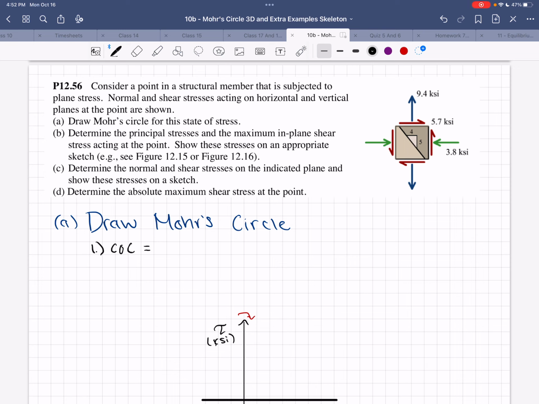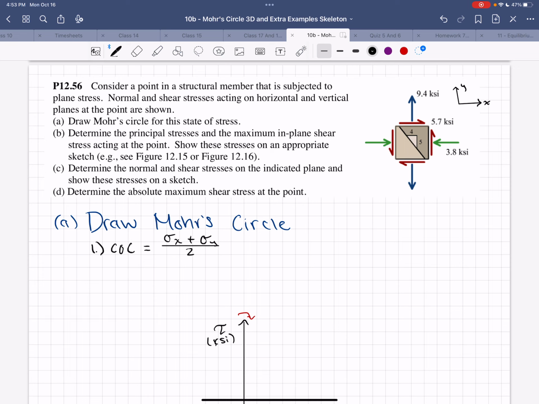The center of the circle is the stress acting in the x direction, so we better label this x and this y, plus the stress acting in the y direction, all over 2. Now let's say you had y and z, that'd be okay. As long as we're in plane stress, it can be any combination of x, y, and z, but there can only be 2 of them.